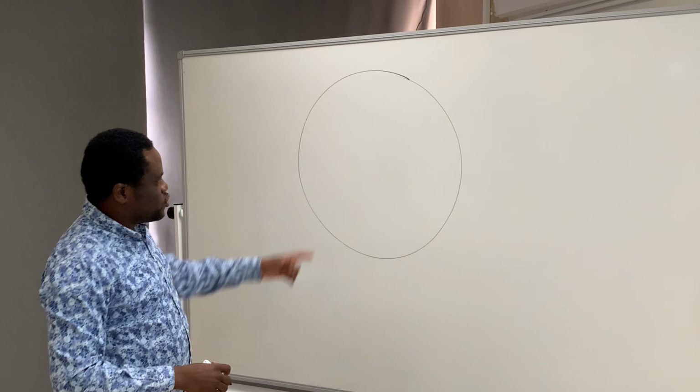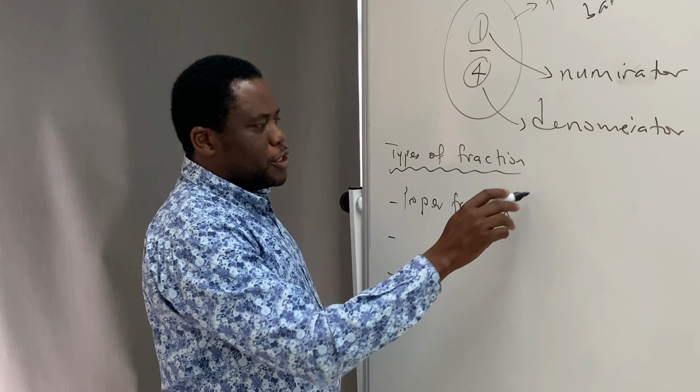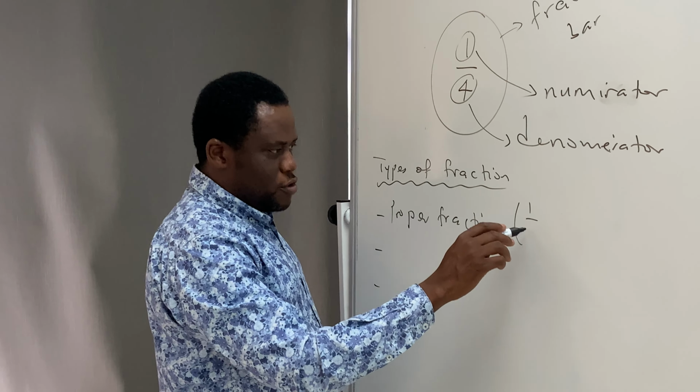We have 3 of them. We have proper fraction, that is, the upper is small and the lower is big.